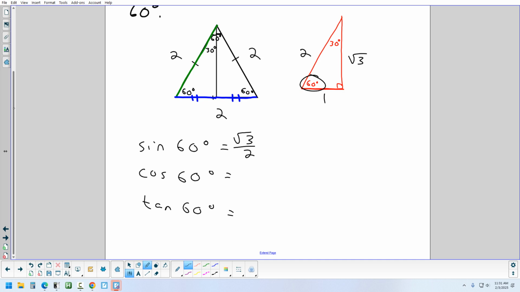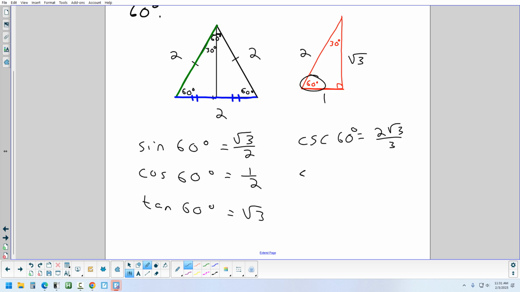Okay, how about the cosine of 60? 1/2. And the tangent of 60? Square root of 3. Okay, cosecant? 2 root 3 over 3.